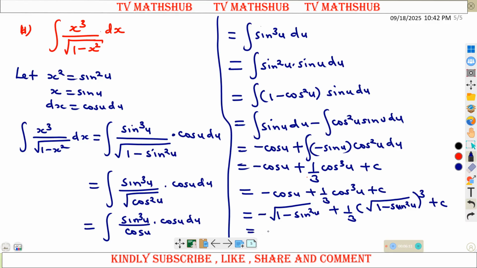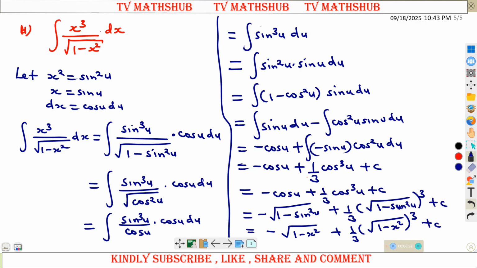In other words, we shall get this as minus the square root of 1 minus x squared, then plus a third into the square root of 1 minus x squared, to power 3, plus c. So that is basically what we shall have.